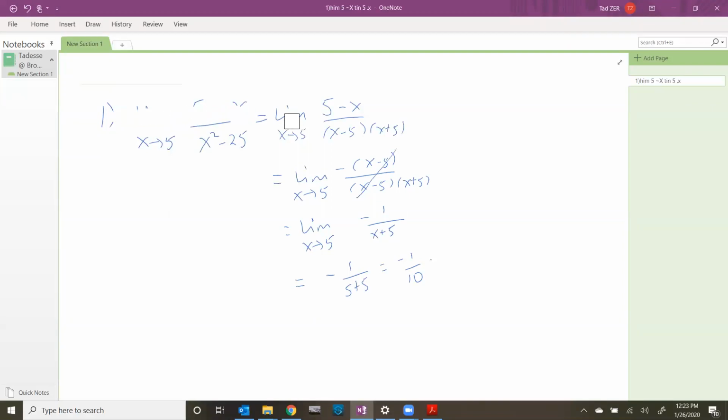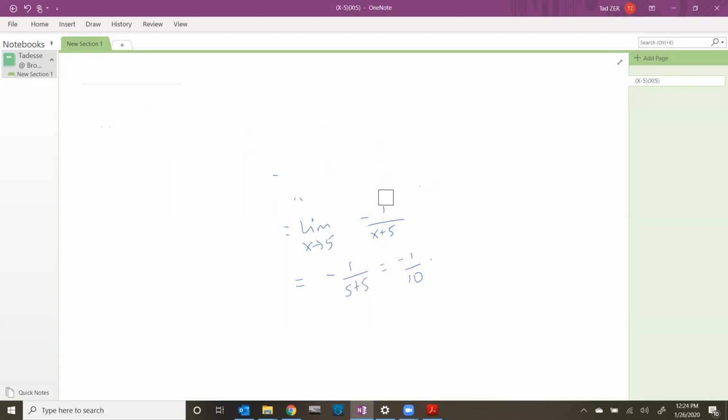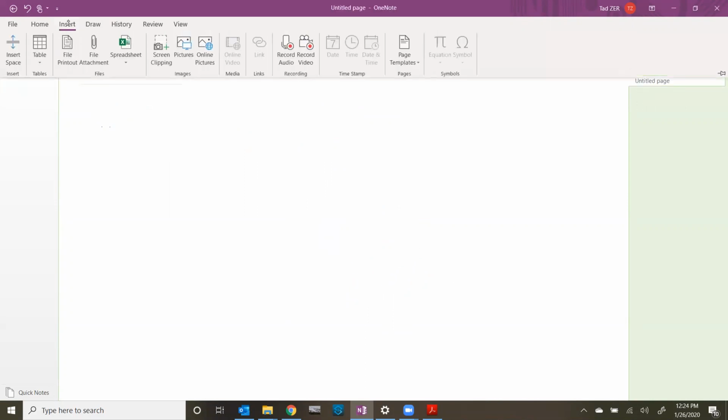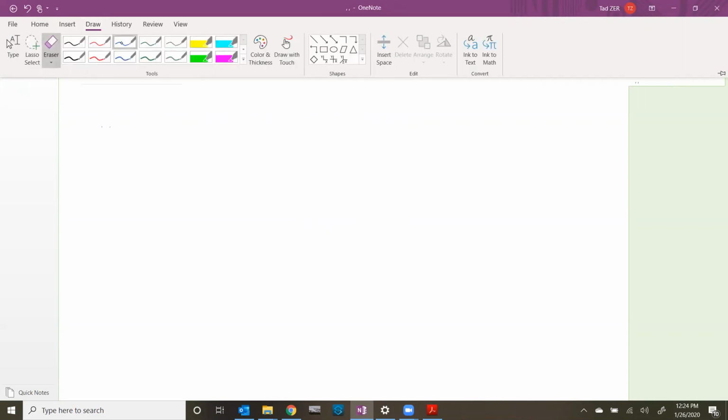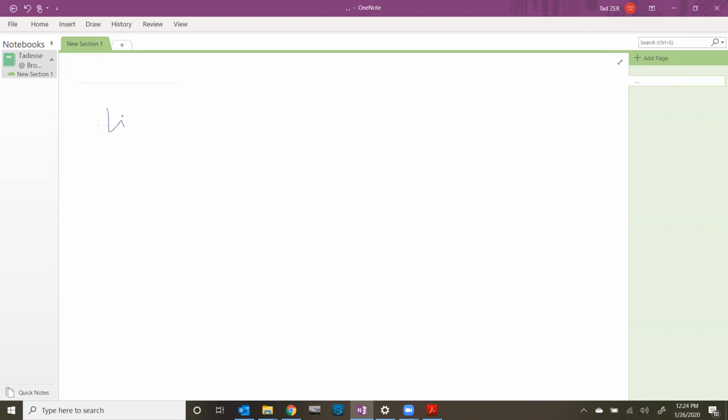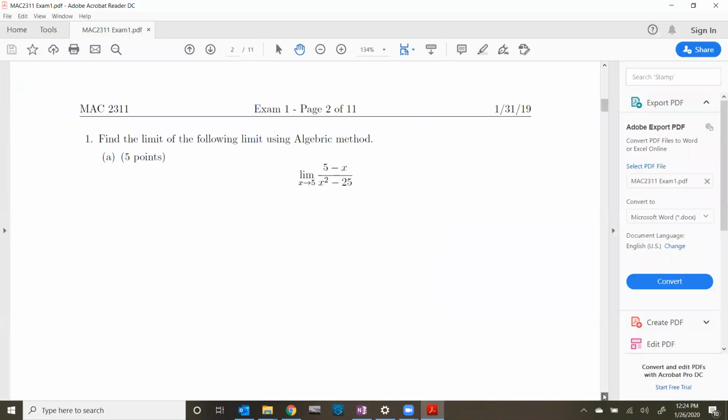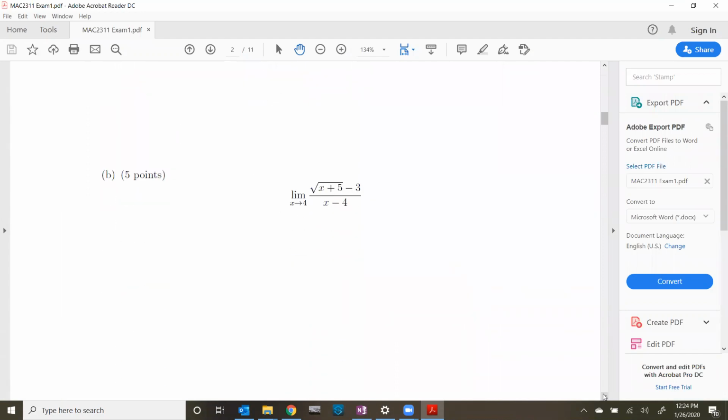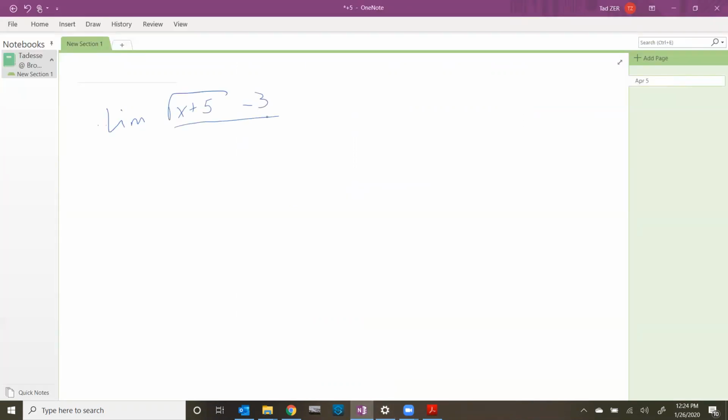Now let's see another example. Okay, so the second example is, I want to find the limit of (square root of x plus 5, minus 3) over (x minus 4), as x approaches 4.